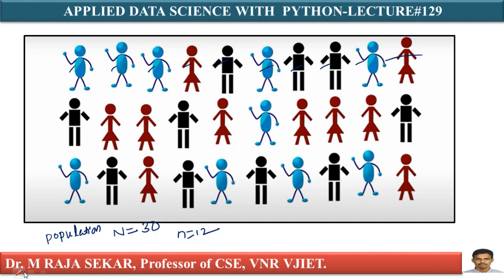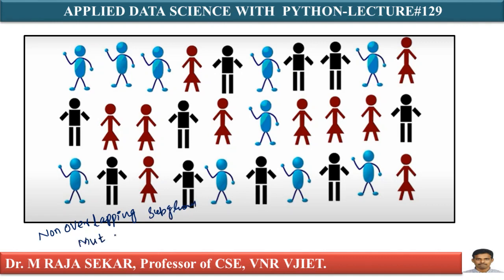If you carefully observe, this must be divided into non-overlapping subgroups. That's what I told you. Non-overlapping subgroups, or I can say mutually exclusive subgroups.